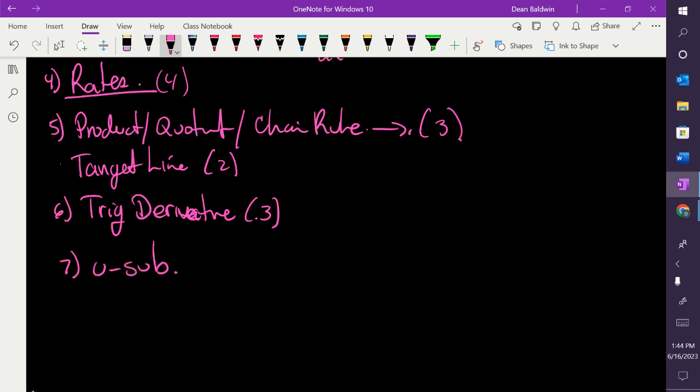That's pretty standard. U sub, definite. Remember, in U sub definite you can change the bounds if you want, or you can keep them the same and sub back in. So remember how to do U sub. There's also a trig integral.